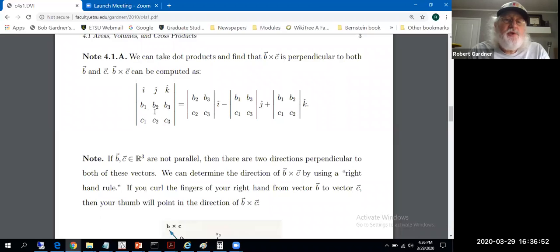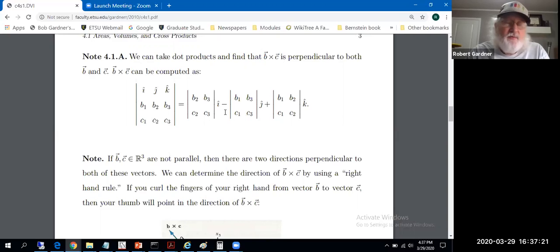And it's this little 2x2 submatrix, minor matrix it'll be called at some point: B2, B3, C2, C3. So we've got the I times the determinant of that little minor matrix. And I told you there wasn't anything with a subscript of 1 in the first one. In the second one, we're eliminating, conceptually, the row and column containing the J. That'll leave us with B1, B3, C1, C3, and that's the entries here. There's the J.